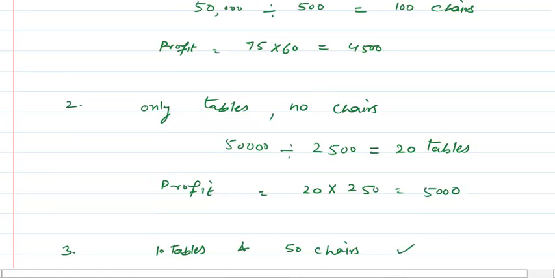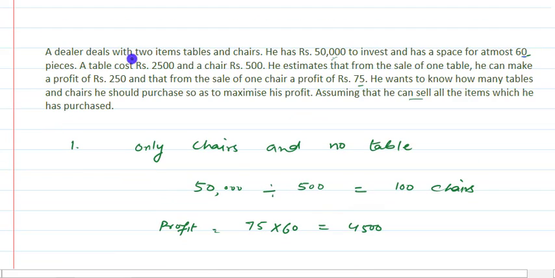One thing more we are having in the question, and that is profit. He can make a profit of rupees 250 from the sale of one table, and from the sale of one chair a profit of rupees 75. So by selling one table he is earning a profit of 250, and by selling a chair he is earning a profit of rupees 75.